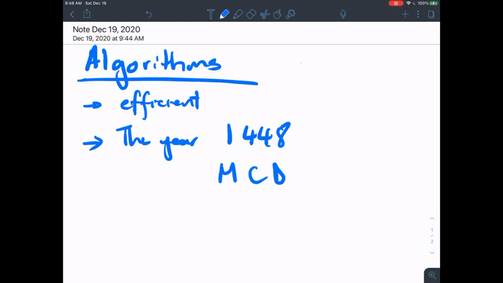So this is 1400, and then you have to add 40, but 40 is what? It's XL. Then you have to add in the 8, VIII. This was how the Romans used to represent numbers.